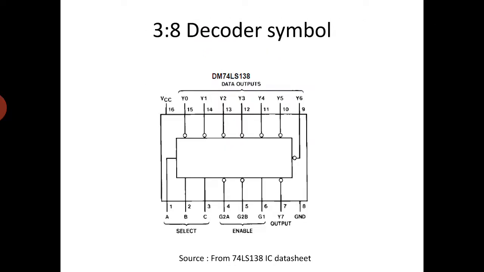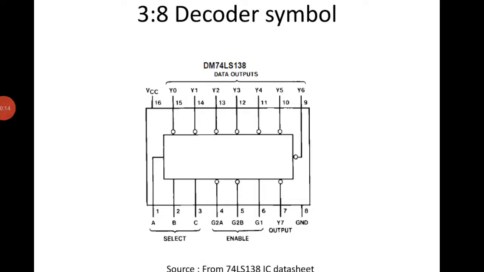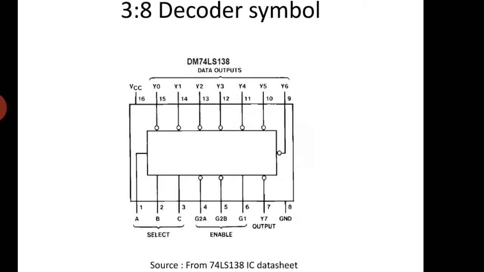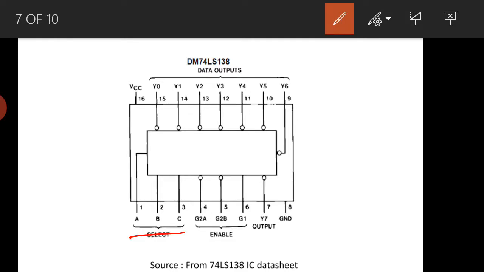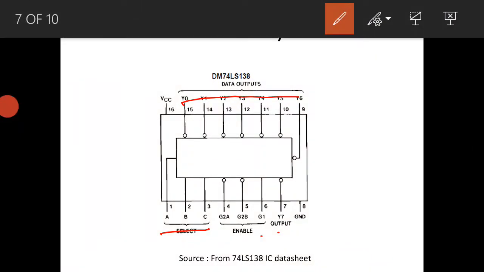Okay, so we have seen 2 to 4. So now if you come to 3 to 8, what is the difference here? 3 to 8 means the 3 inputs will be there and 8 outputs, y0 to y7.